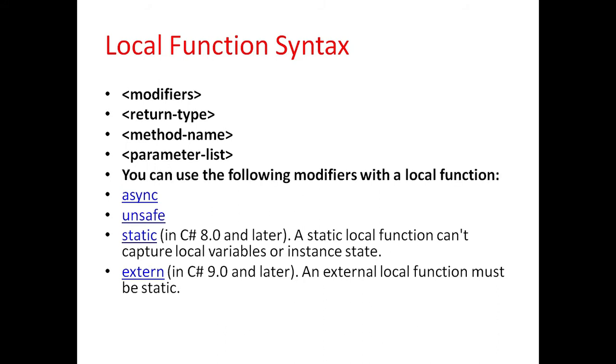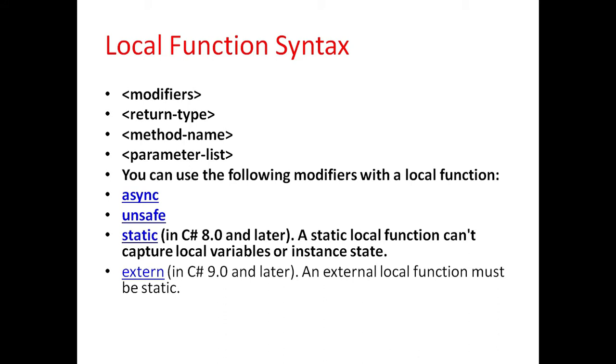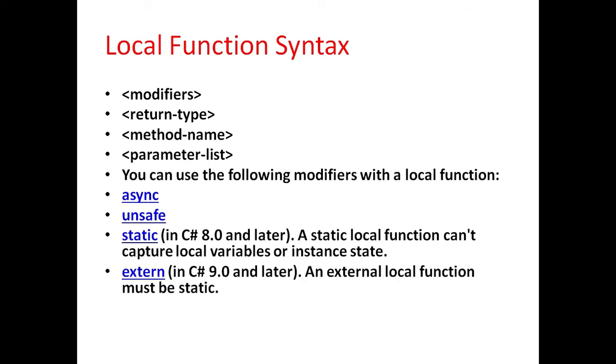You can use the following modifiers with a local function: async, unsafe, and if you are using C# 8.0 or later, you can use static, and if you are using C# 9.0, you can use extern. A static local function can't capture local variables or instance state, and extern local function must be static.